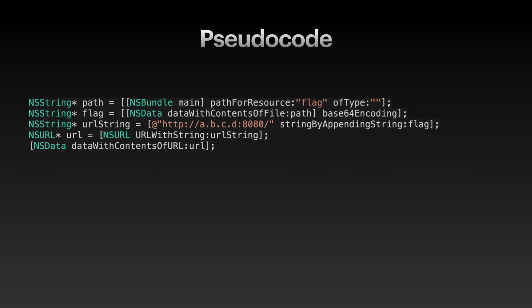Now we can use a few steps to read the flag and send it back. First, we need to get the path to this flag file. Then we use an NSData and initialize it with the contents of the file and encode it to base64 encoding.